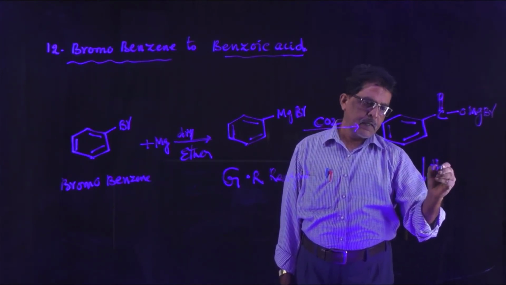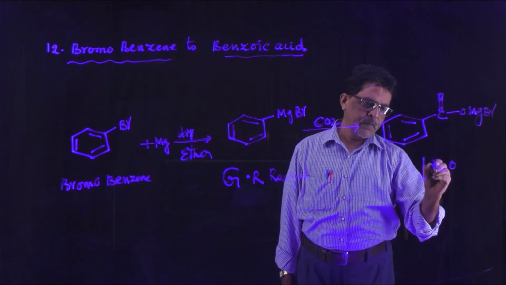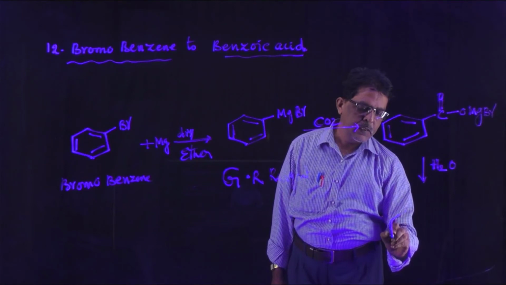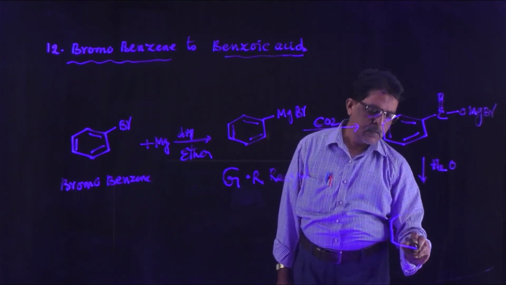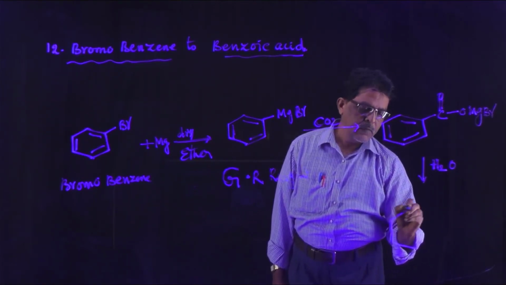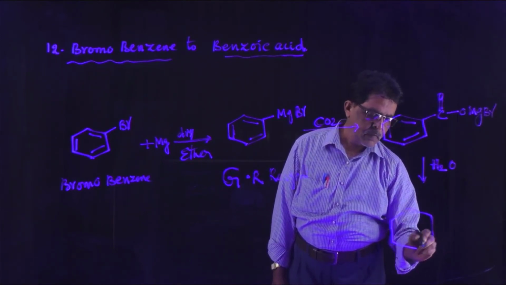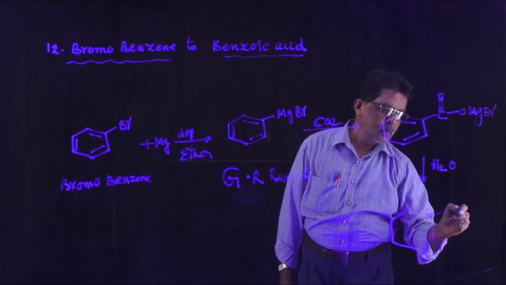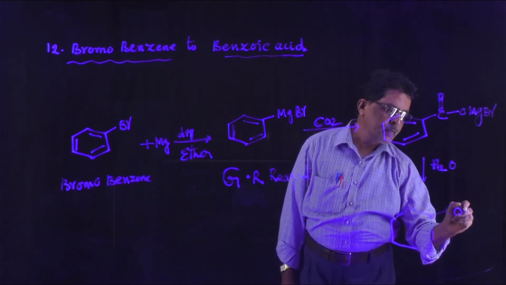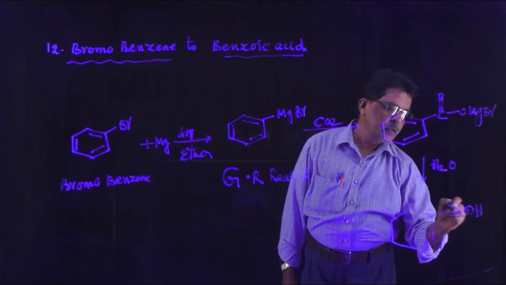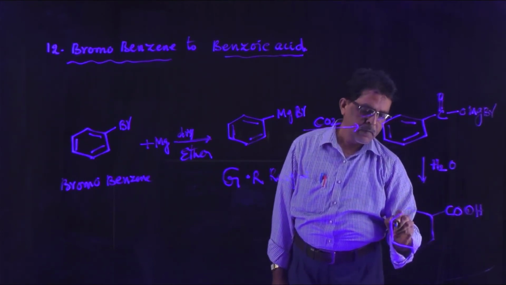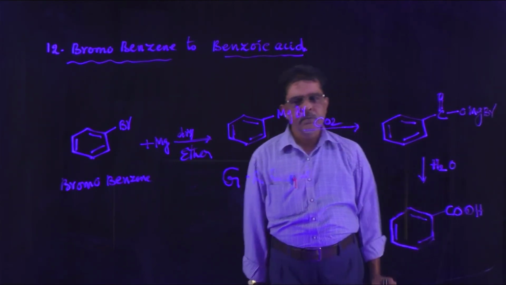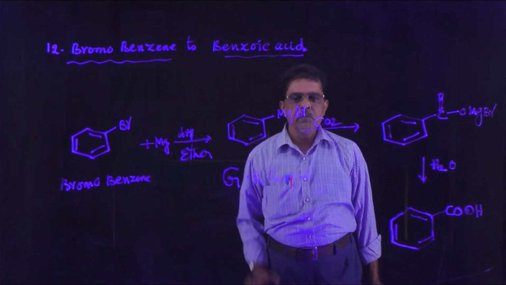Then you will get benzoic acid. Benzoic acid is formed. In this way, we will get benzoic acid from bromobenzene.